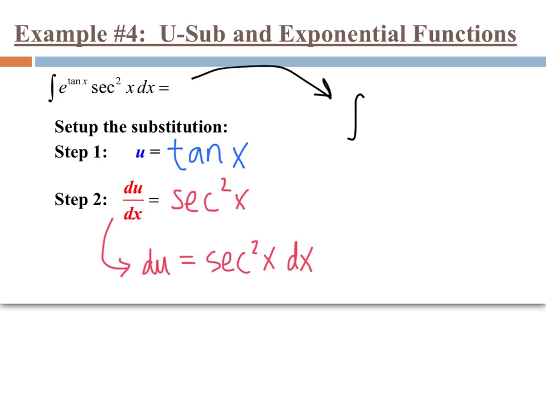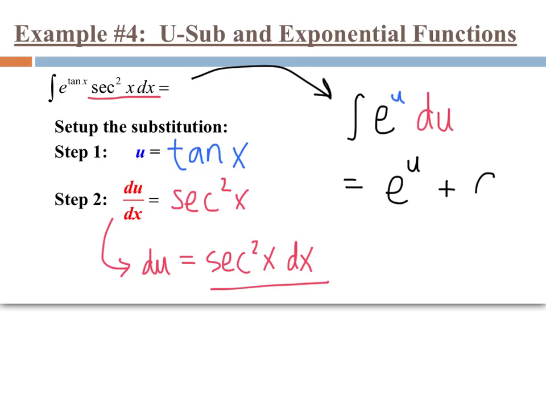So our integral will be e, not to the tangent of x, but e to the u, and then multiplied by, well, secant squared x dx, that's simply du. What's the integral of e to the u du? Well, that would be e to the u plus c. So in the very easy situation here, all we need to write is e to the tangent of x plus c.